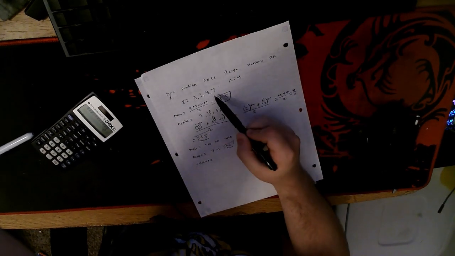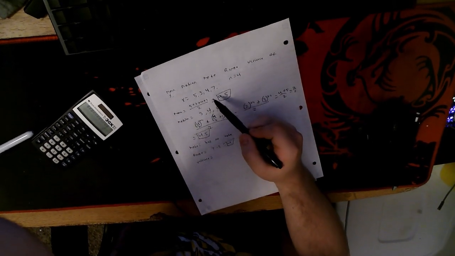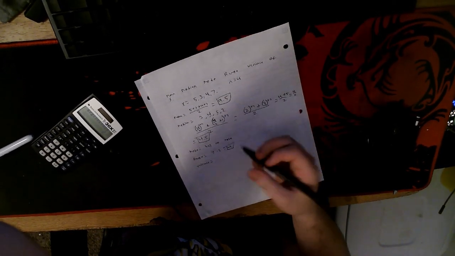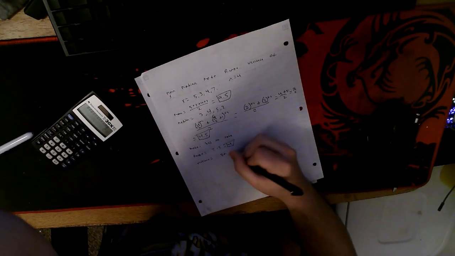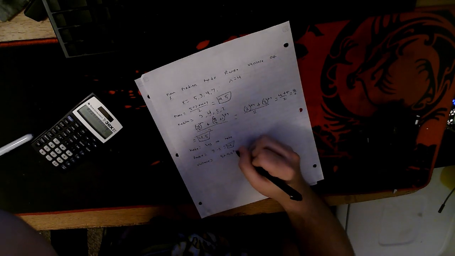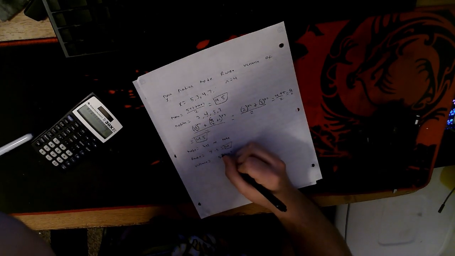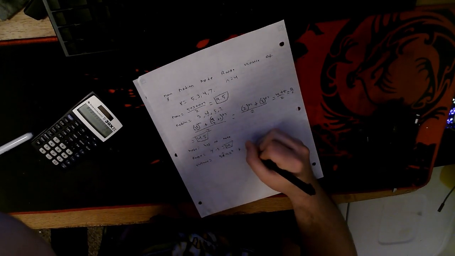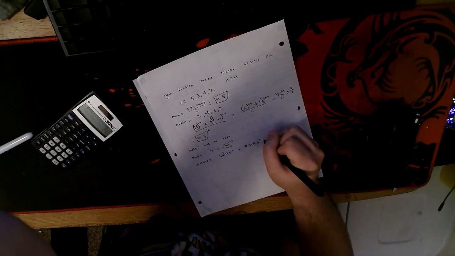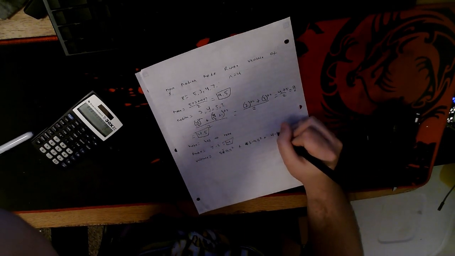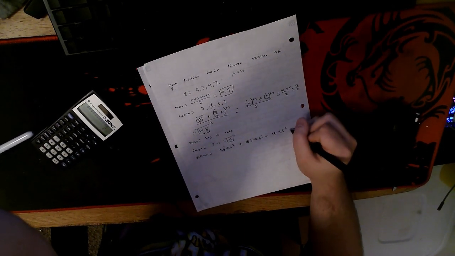Sum of our x values minus our x bar values squared. So we go 5 minus 9.5 squared, sorry, minus. Plus 3 minus 9.5 squared. Plus 4 minus 9.5 squared.